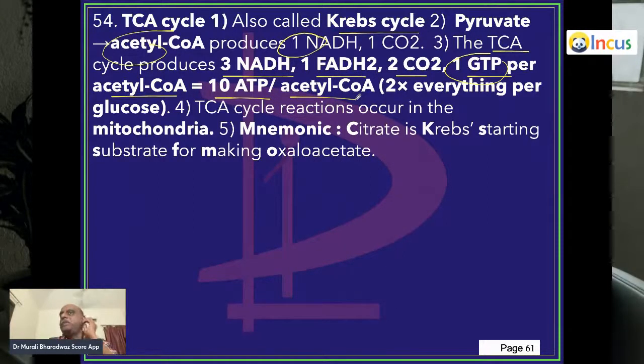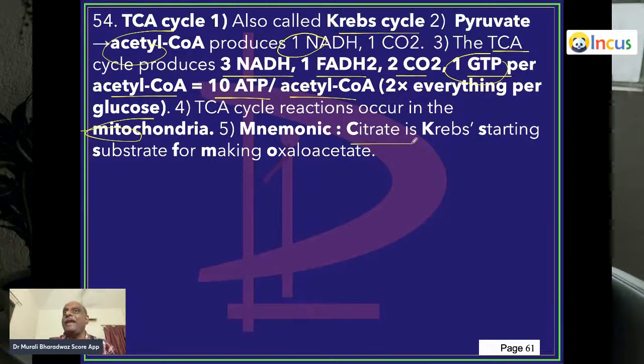and whenever acetyl-CoA is formed, how many acetyl-CoAs are formed for every glucose molecule? Every glucose becomes ultimately 2 pyruvates, and each pyruvate will form 1 acetyl-CoA. So 2 pyruvates form 2 acetyl-CoA. So 2 acetyl-CoAs are formed every time glycolysis occurs. So the citric acid cycle occurs in mitochondria.